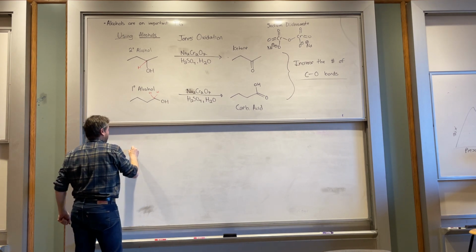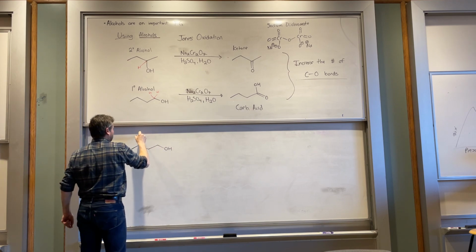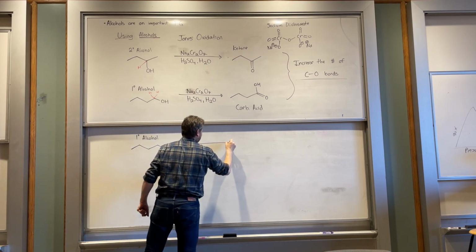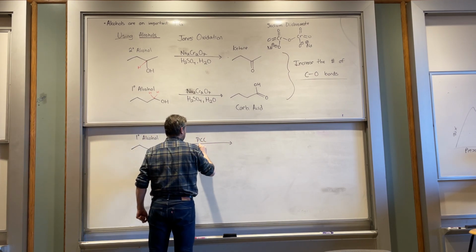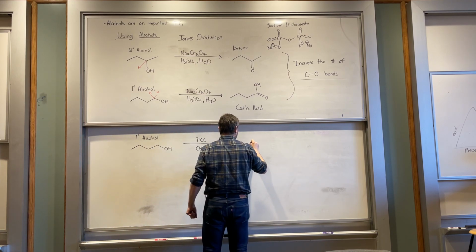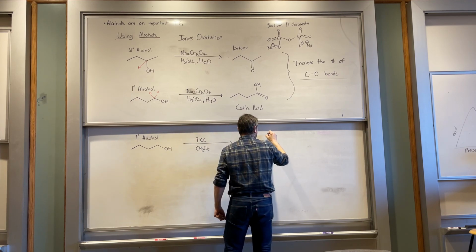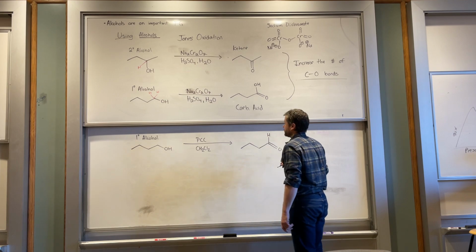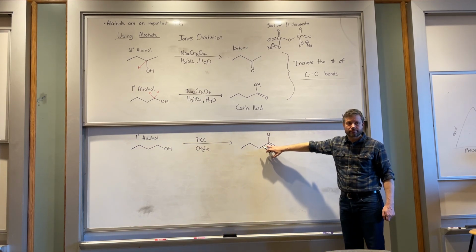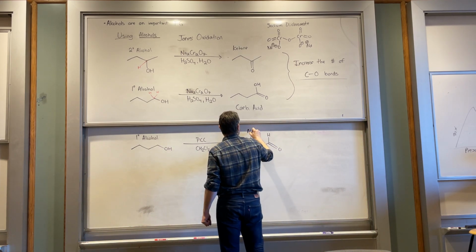If we take that same primary alcohol and use a different oxidant, we can control the oxidation so we are only gaining one bond to oxygen. Right, so go from the primary alcohol, oxidize it to the aldehyde.